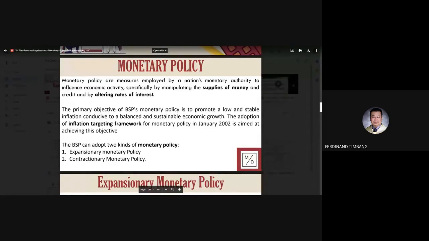Are you familiar with the inflation rate? Nagmo-monitor ba kayo niyan o nagbabasa kayo sa newspaper? Diba, when we say inflation rate, that refers to the increase in the prices of commodities without an increase in the production. Kaya tumataas yung prices.